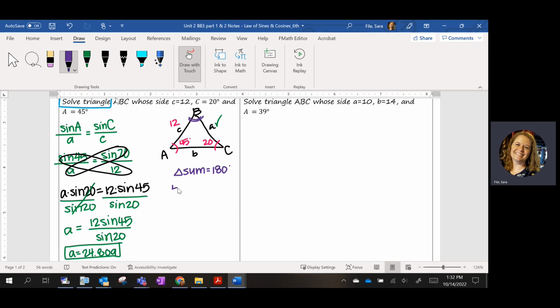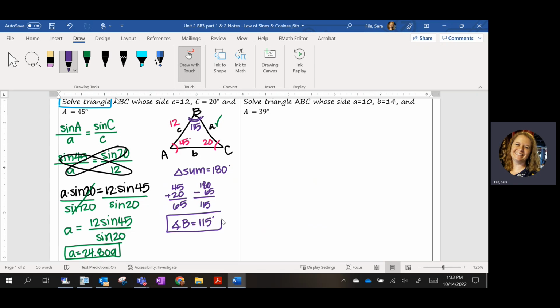So I know that I've used 45 and 20, so I've used 65 degrees. What's left for angle B? So the measure of angle B is 115 degrees.